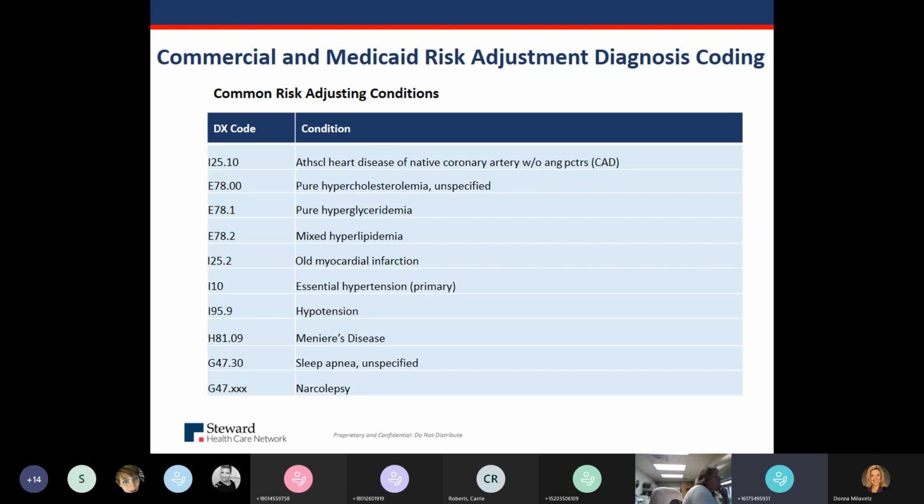So in the Medicare population, it has to be with angina, but in commercial and Medicaid, but this is why I tell providers to not focus much on what are the conditions that have risk value. Just capture the chronic conditions to the highest specificity on the information that you have. Next slide.